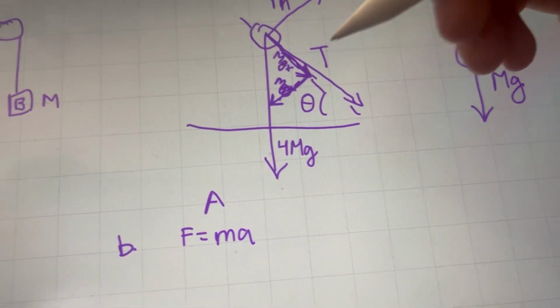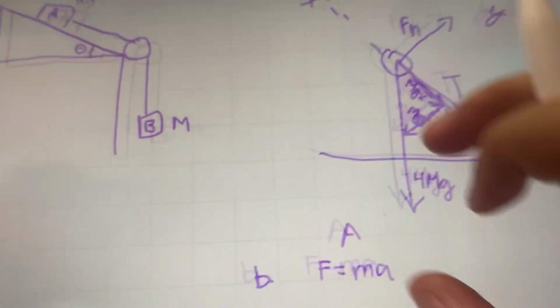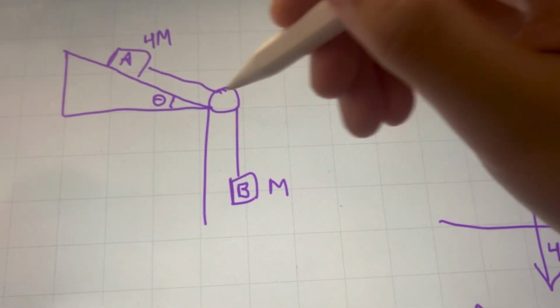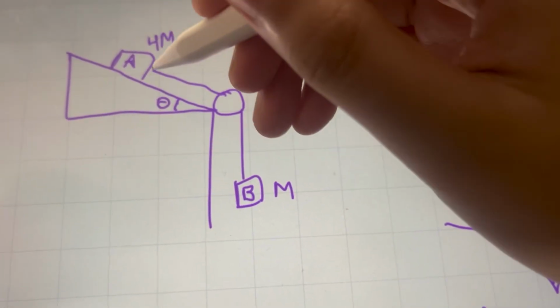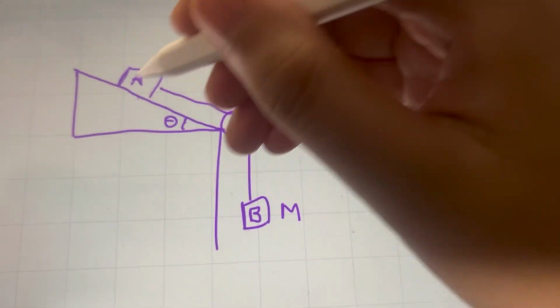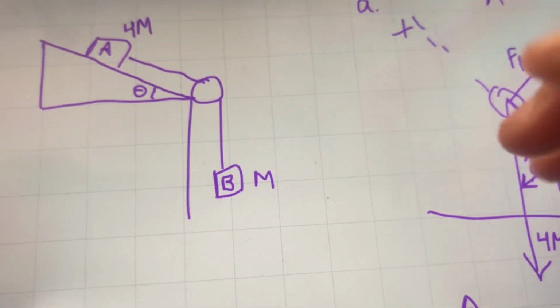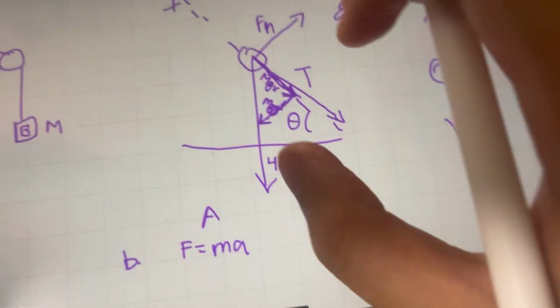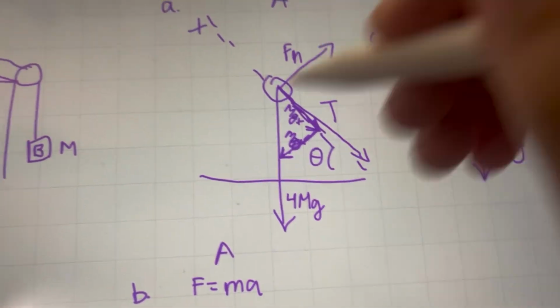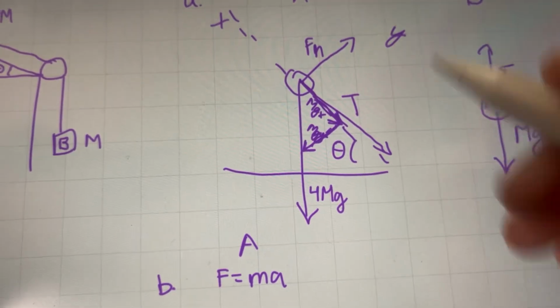And then because we're trying to find the acceleration of the blocks, there's no y acceleration in block A, so we should completely ignore the vertical vectors.